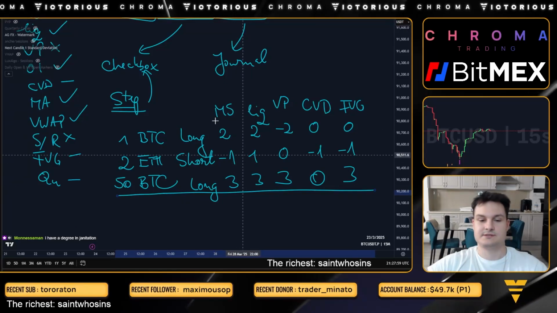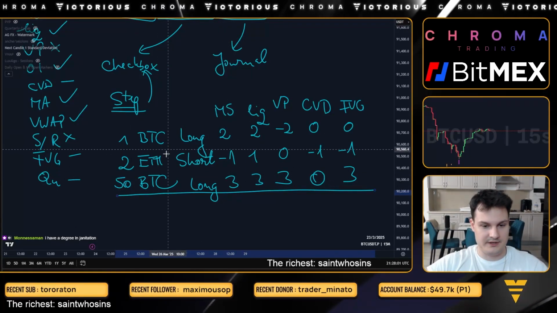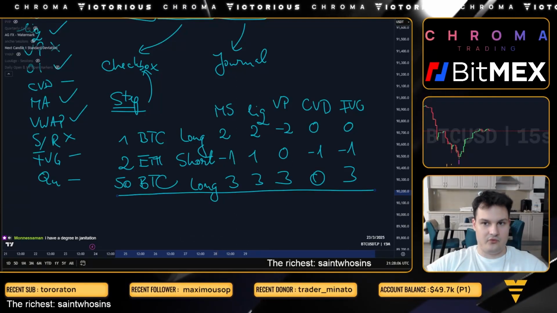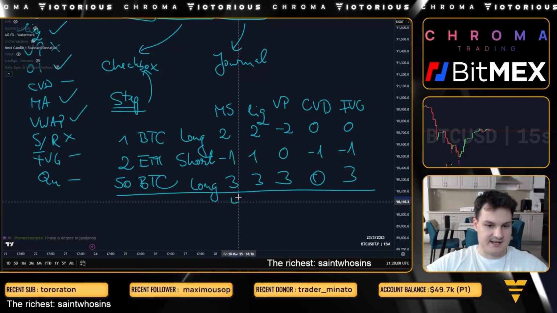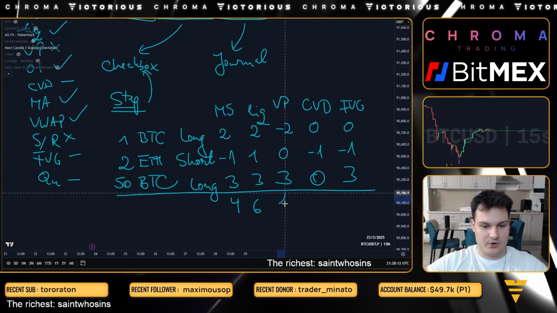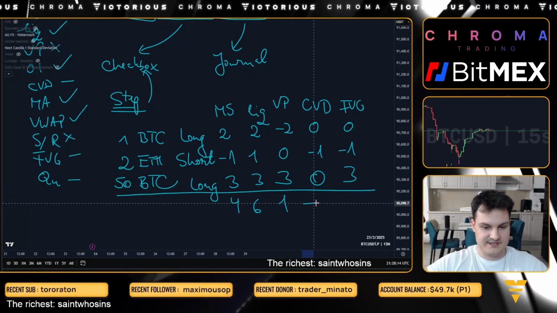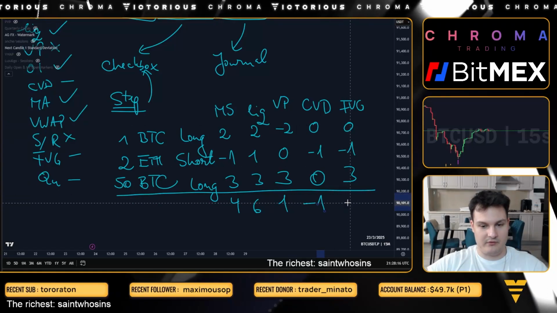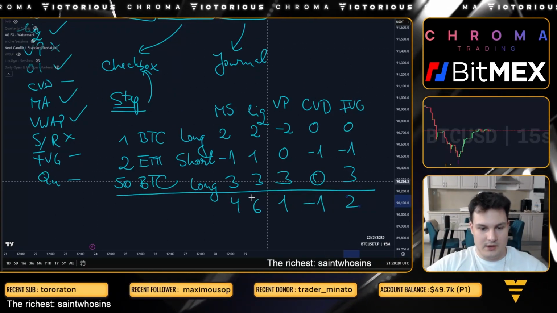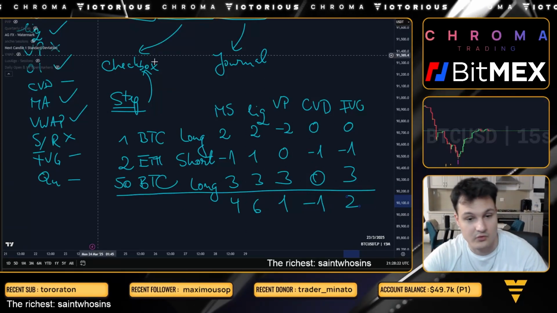In this example, with only 3 trades and only 5 components, market structure is a +4, liquidity a +6, volume profiles a +1, CVD a -1, and fair value gap a +2, right? So now you will have this list for all 10 things.